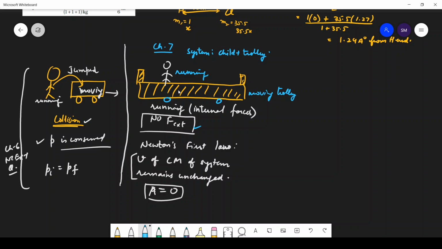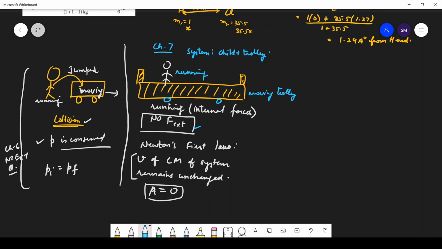You are sitting in the car, and if you start pushing the seat, will the car move? You have to come out of the car and then start pushing the car. Then only the car will move.